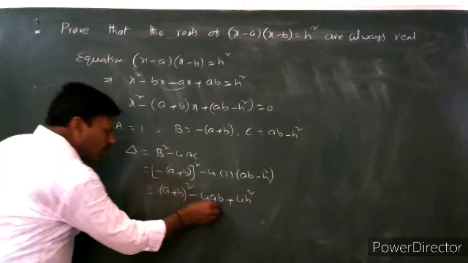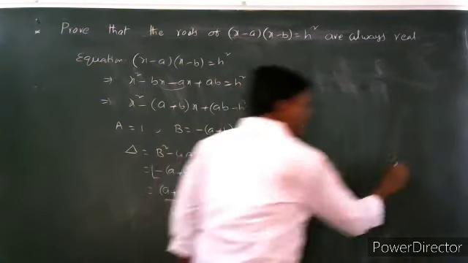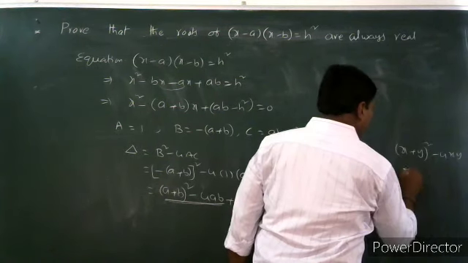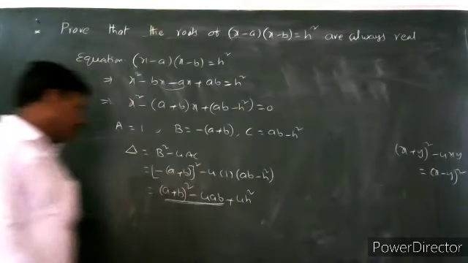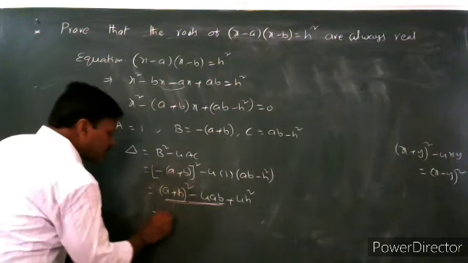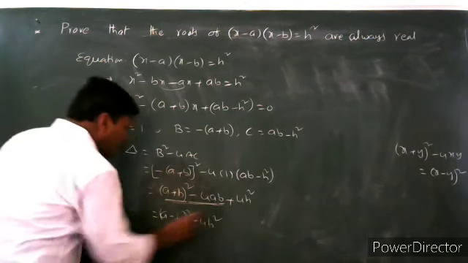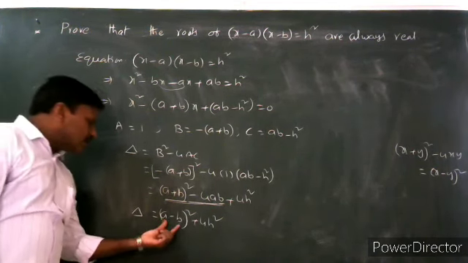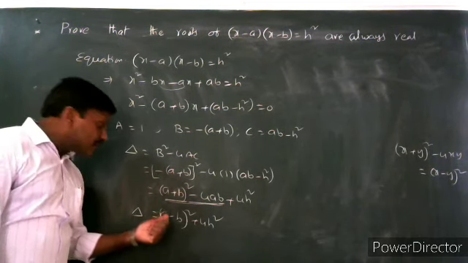When you observe these values, this is the formula (x plus y) whole square minus 4xy, this is (x minus y) whole square. Like that, (a plus b) whole square minus 4ab is equal to (a minus b) whole square plus 4x square. This is delta. Once you observe here, this is (a minus b) whole square, it is a square value.